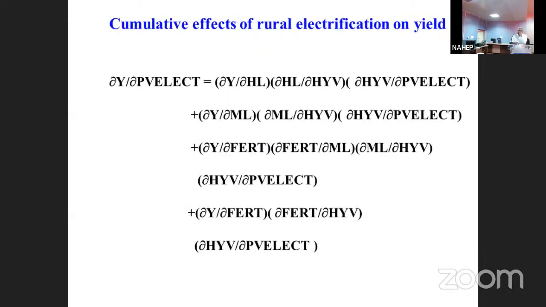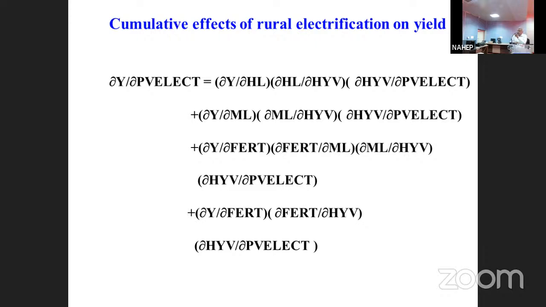Similarly, electrification. Electrification affects the adoption. If electricity is there, more people like to adopt the high-yielding variety. There is more likelihood of increased fertilizer consumption.